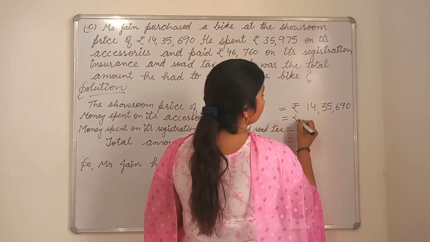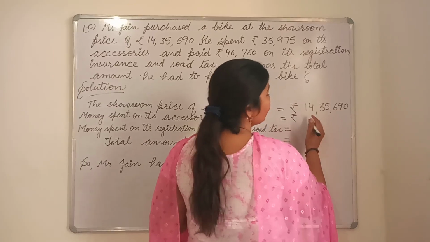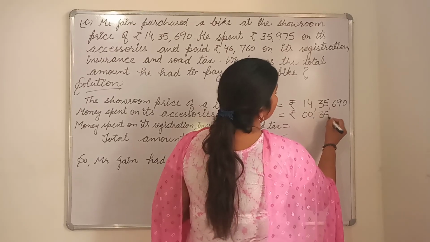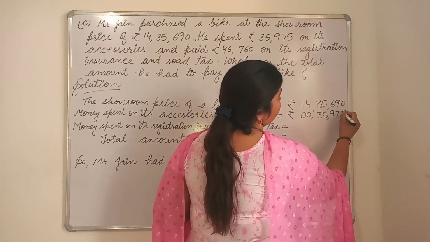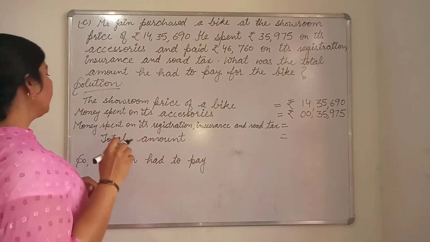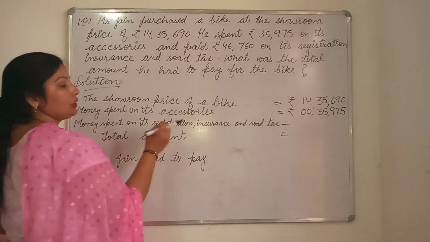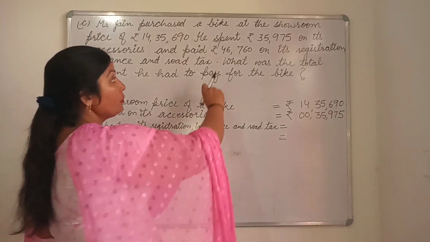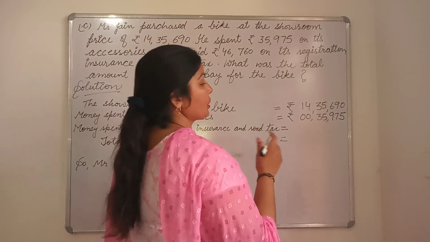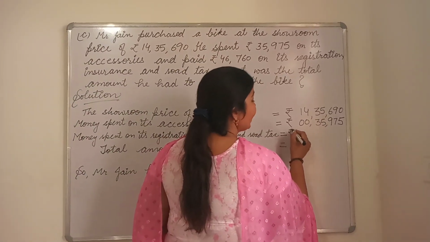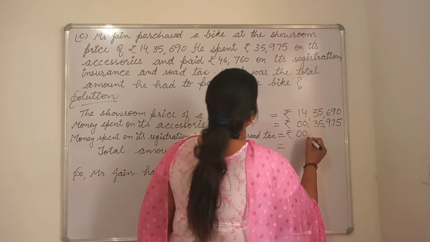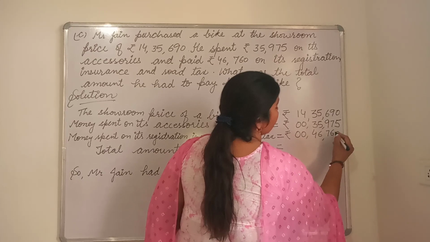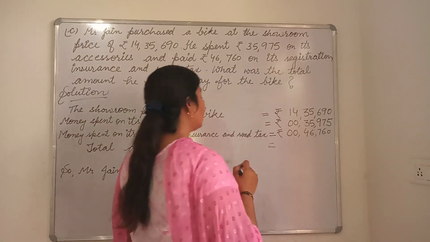So we write here rupees 35,975. Now there are no lakhs, so for lakhs we should put 0, 0. Now third number, here is given money spent on its registration, insurance and road tax. Okay, how much money? 46,760. So rupees 46,760. Now there are also no lakhs, so lakhs is 0, 0. That is the amount on these three things.